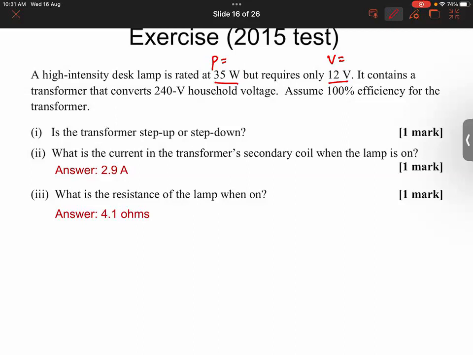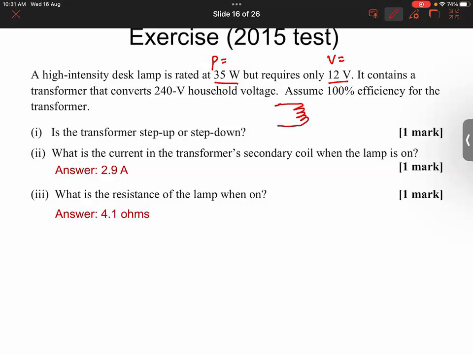It contains a transformer that converts 240 volts household voltage, and we assume 100% efficiency for the transformer.